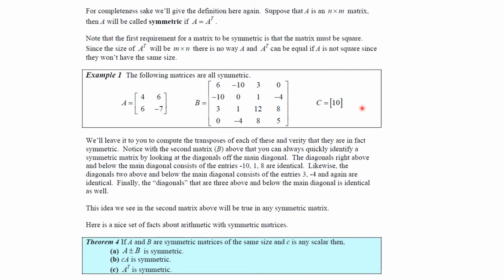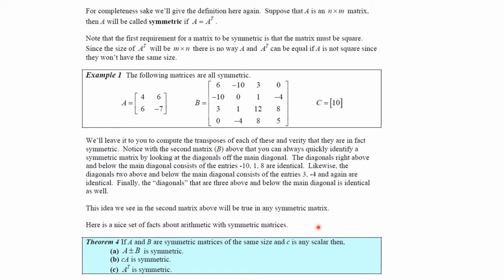All of these are symmetric, and you can check that by taking the transpose and seeing that you get exactly the same thing. Looking at the entries off the main diagonal helps you realize the symmetry that exists across the main diagonal.